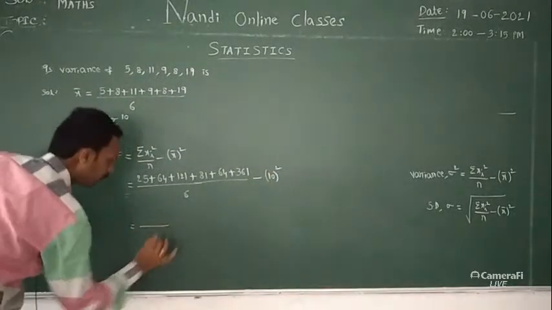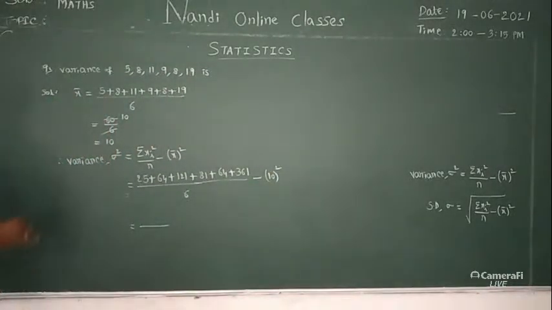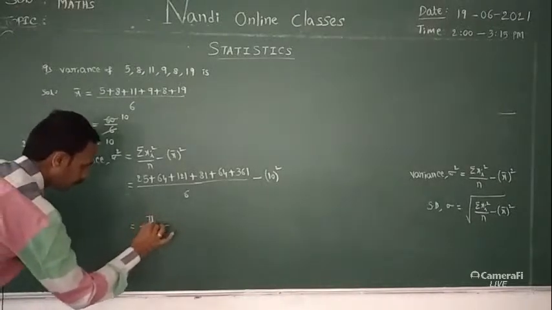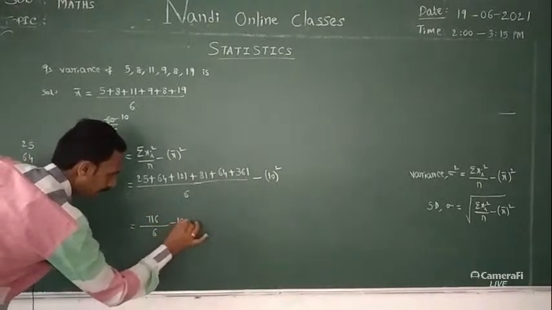Adding: 25, 64, 121, 81, 64, 361. 25 plus 64 is 89, 210, 291, 355, 716. So 716 divided by 6 minus 100.